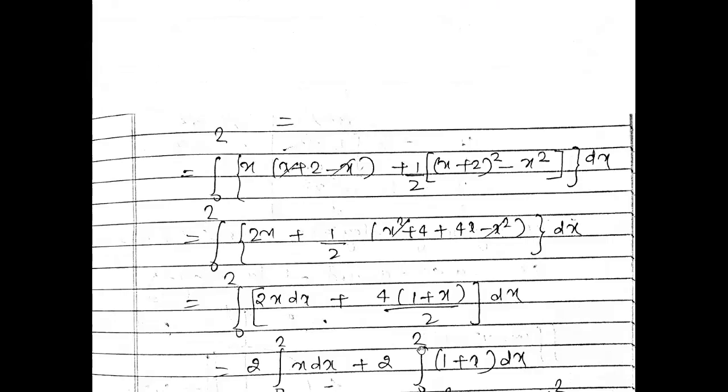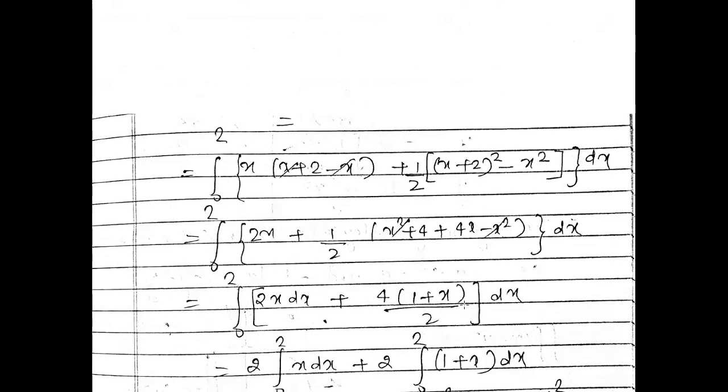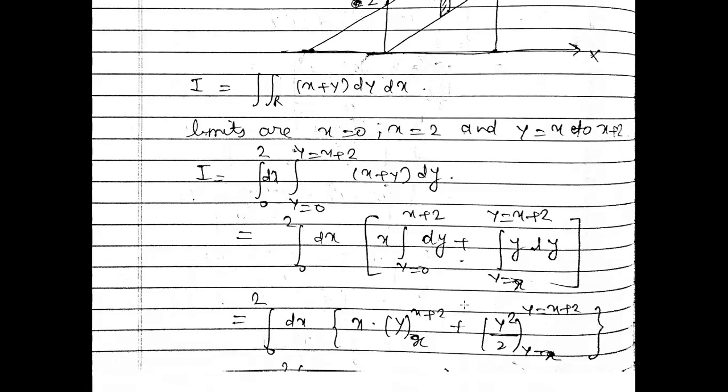So you can see that dy integration will be your y here, and limit is given x to x plus 2. y integration is y square upon 2, so limit is x to x plus 2.